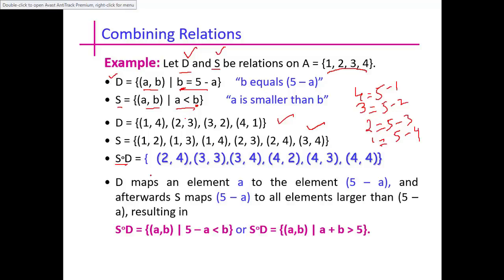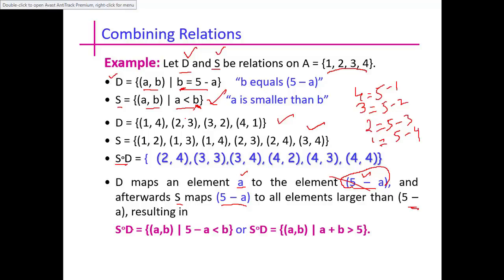So we need to understand that D is mapping an element a to the element 5 minus a. So it takes a as an element and associates it with an element 5 minus a. And afterwards S maps 5 minus a to all the elements which are larger than 5 minus a using the condition in S.